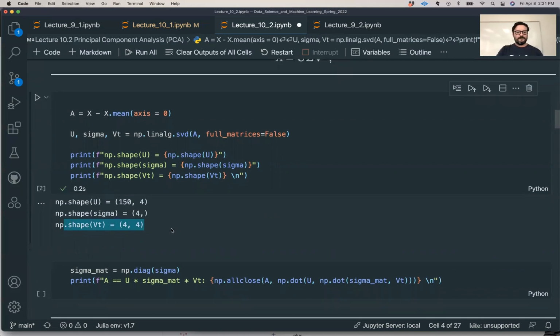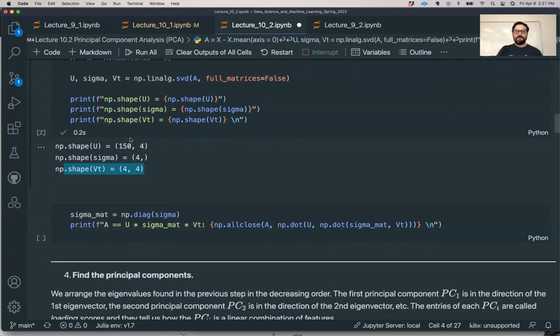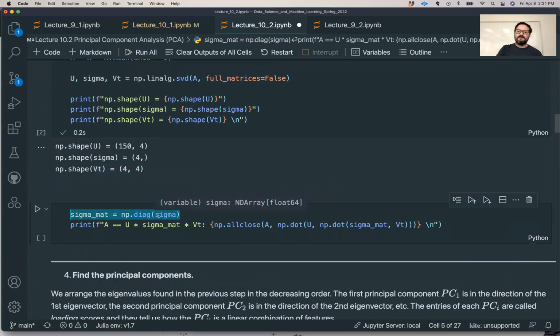Okay, so we can verify that this is indeed the factorization of A. I say the sigma matrix is equal to np.diag of the values in sigma, so it just makes a diagonal matrix with those values.